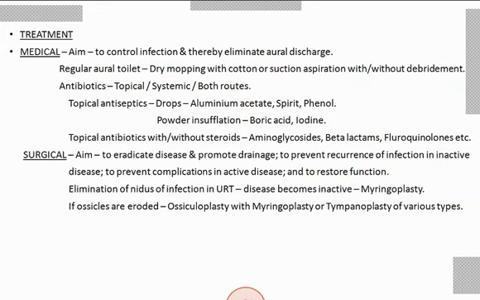Whenever there is any edematous mucosa in the middle ear, or any small granulations or small polyps in the ear, we add steroids to the topical antibiotics. The role of steroids is to decrease the mucosal edema, thereby providing access for the antibiotics to go to the site of infection.